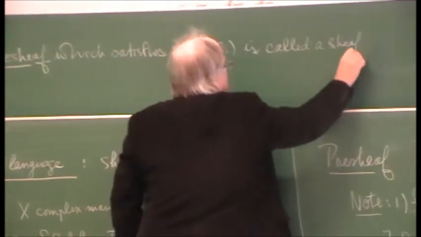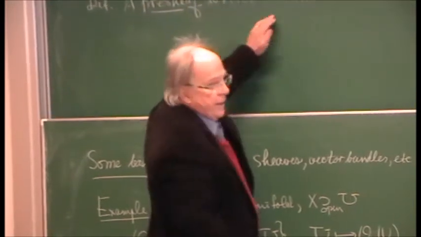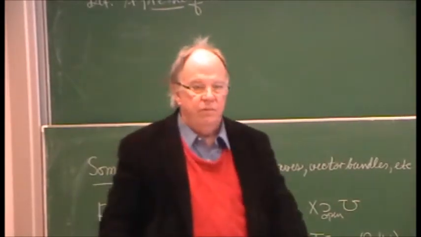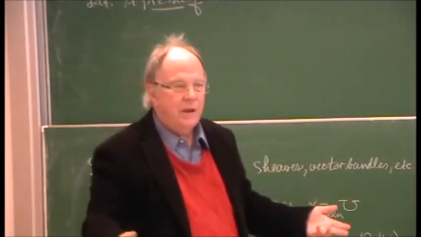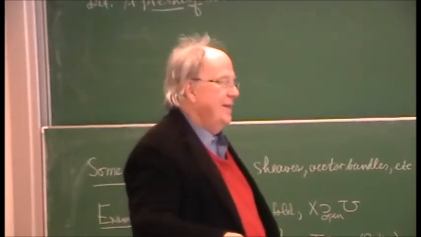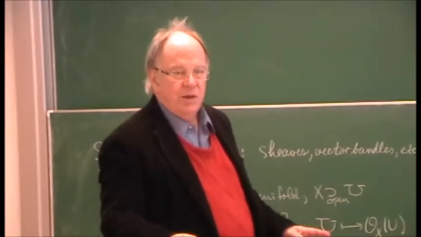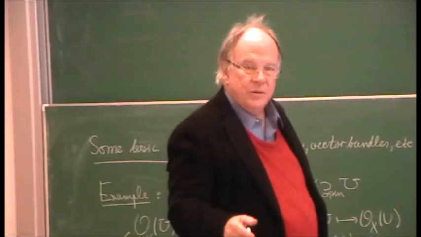Now that sounds like a very funny definition because of the word sheaf. I mean, how does it happen? What is this word sheaf going on here? So I will explain, I will never use this explanation, but I will explain why it's called a sheaf. Okay?